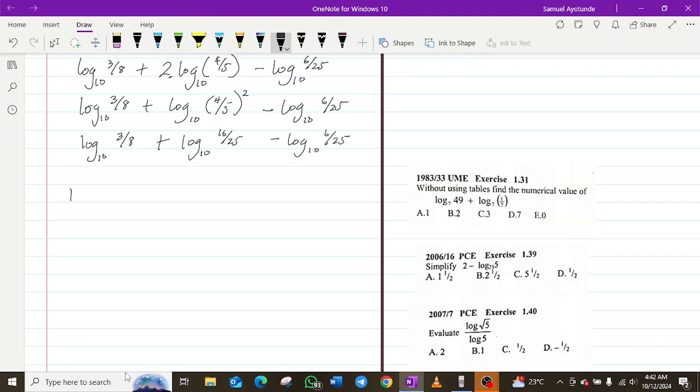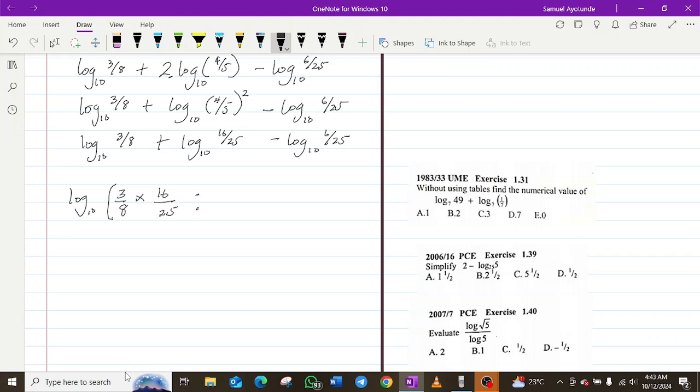So we apply our first and second law, which implies that addition, when they carry the same base, can be written with one base while the argument is multiplied. So the argument 3 over 8 will multiply the argument 16 over 25. And when we have subtraction, the argument can be divided.